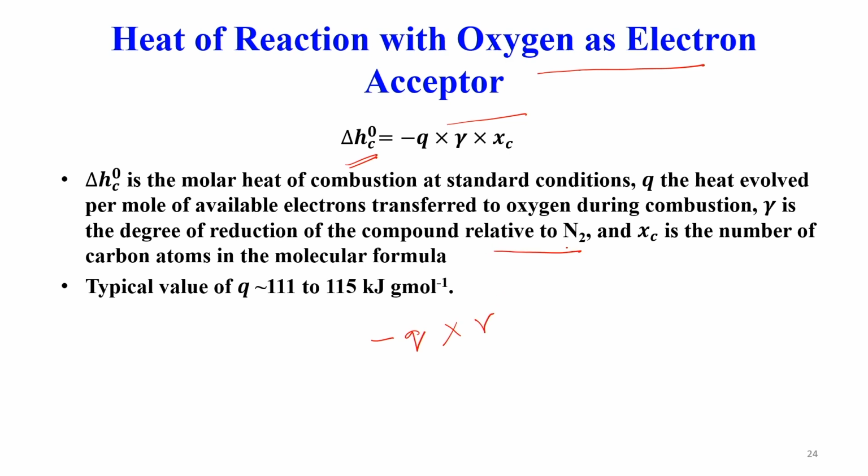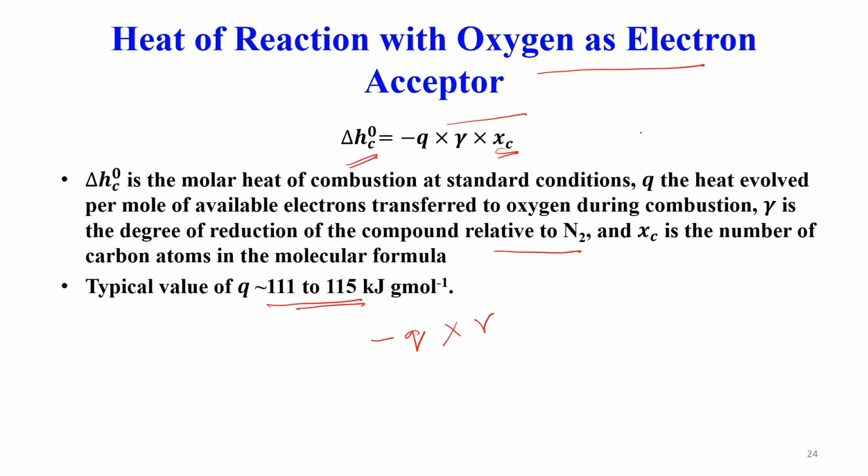This is relative to nitrogen, not ammonia, and Xc is the number of carbon atoms in the molecular formula. The typical value of Q is known to us. It says 111 to 115 kilojoule per gram mole.